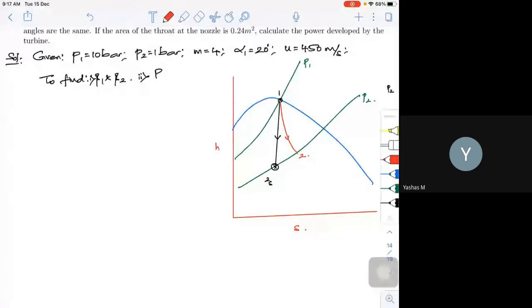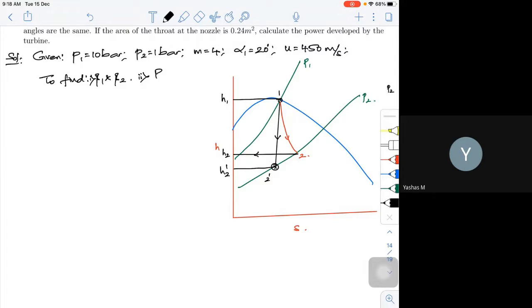Now if I draw a vertical line for the enthalpies, this will be my H1, and this will be H2S, that is the isentropic drop, or H2 dash, whatever it may be. 2 dash or 2S doesn't matter, they are the same. This will be your actual enthalpy, which is your H2.